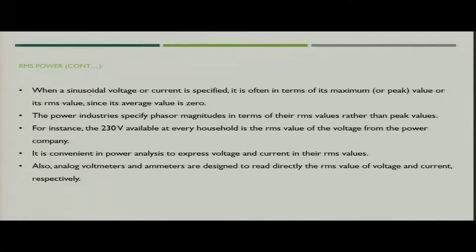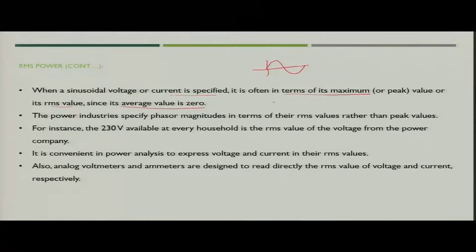So, when a sinusoidal voltage or current is specified, it is often specified in terms of its maximum value or the RMS value, because its average value will always be 0. Being sinusoidal, you will always get the average value of either voltage or current as 0. So, that is why it is not advisable to put the value of voltage and current in terms of average value.